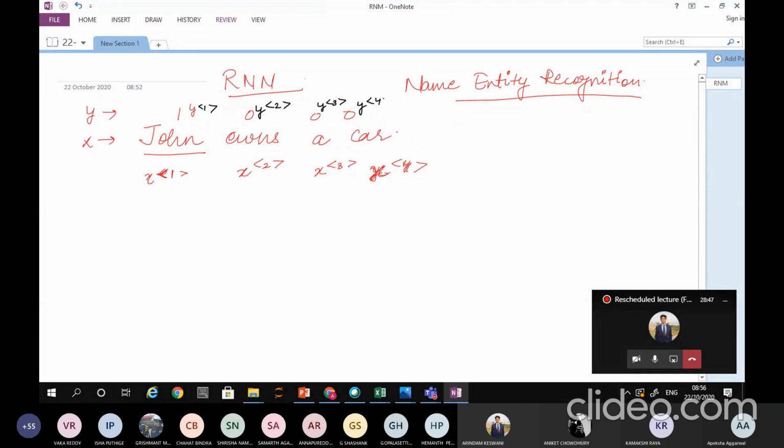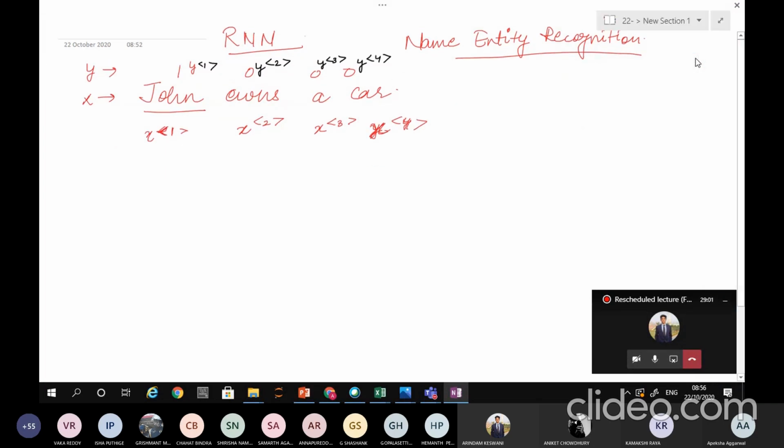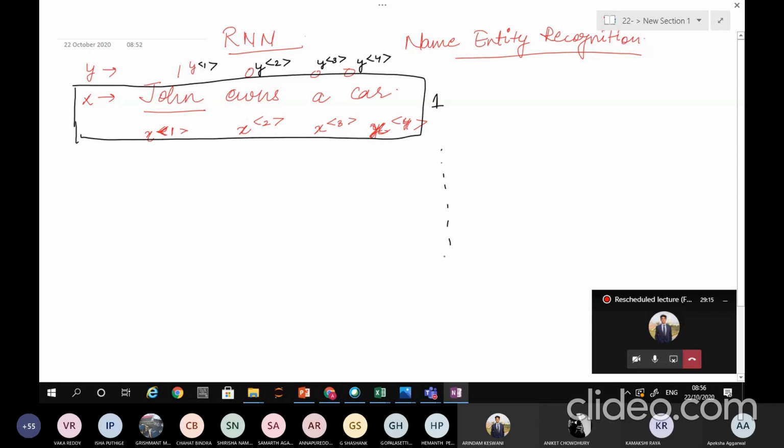So we have another notation for representing this data, using angular brackets. Because the input is the whole sequence, this whole is one training example. Similarly, in my data set there can be multiple training examples like this, and each sentence has a different number of inputs x.